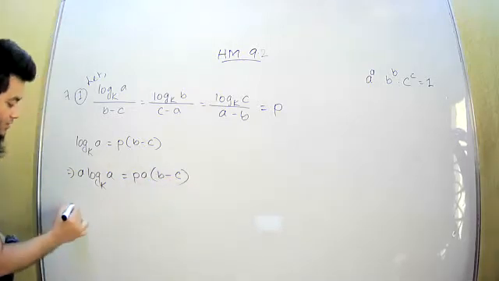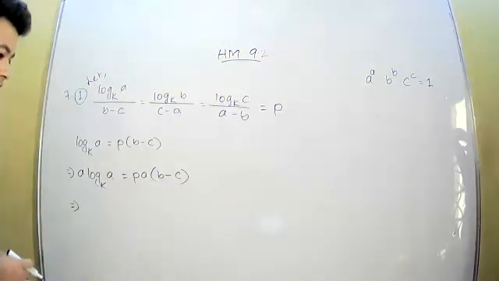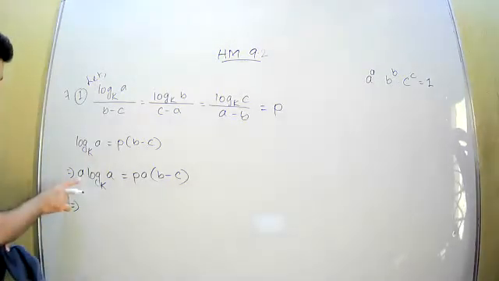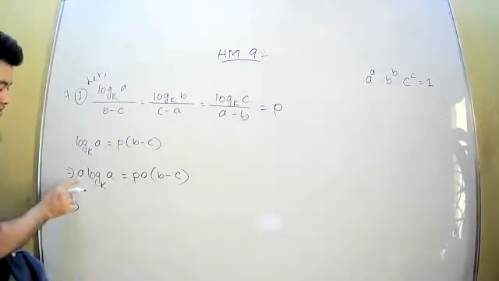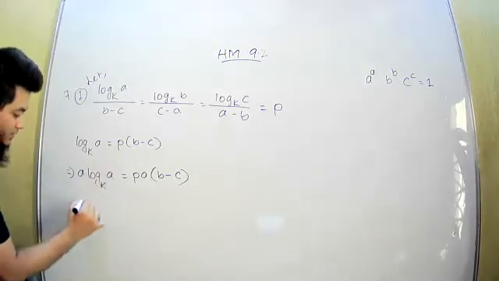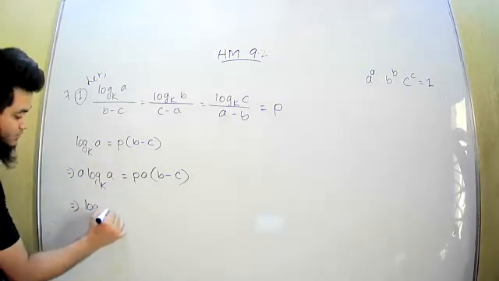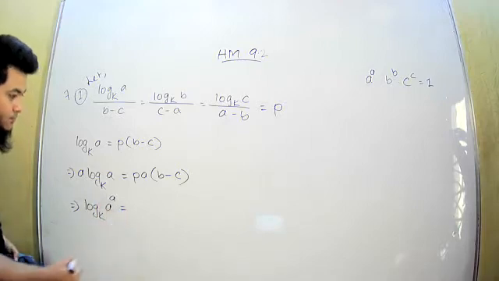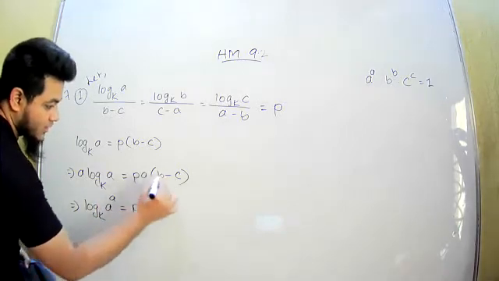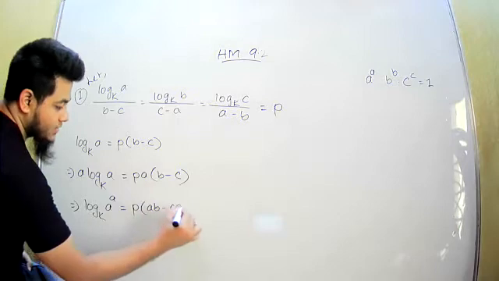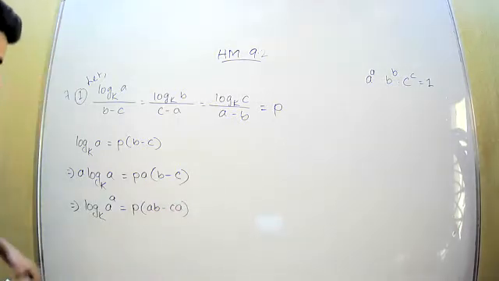Because whenever we multiply a here, it can be written as a power: log k base a to the power a is equal to p into a times (b minus c). If you multiply, it will be ab minus ca. So this is the reason.